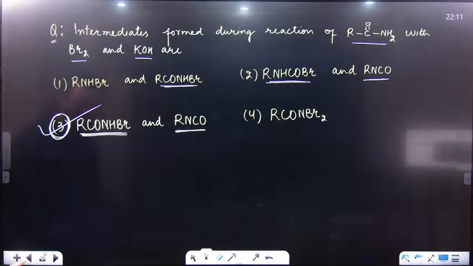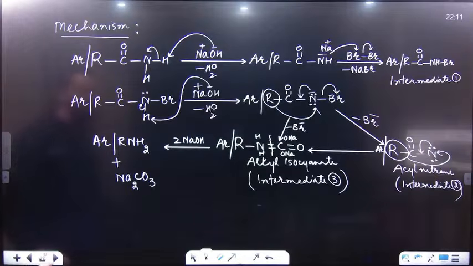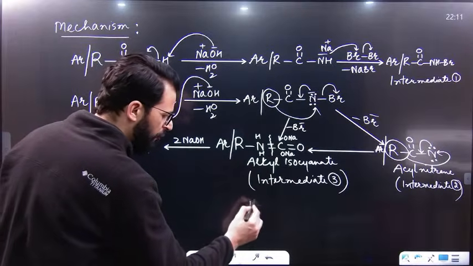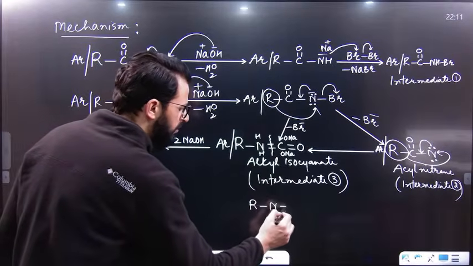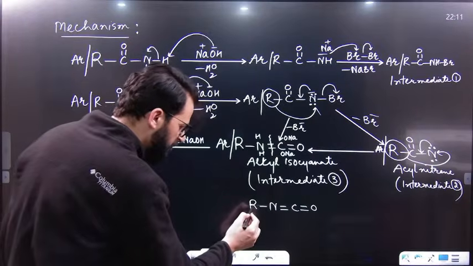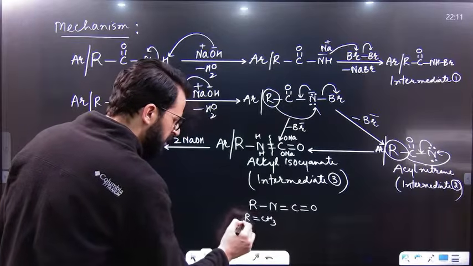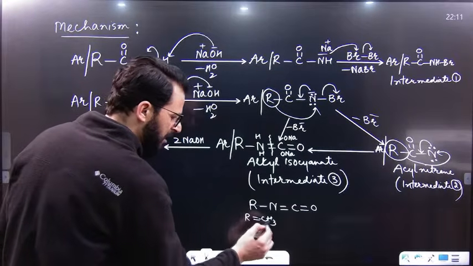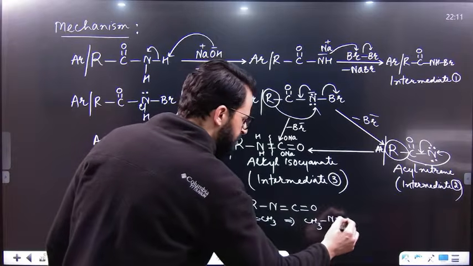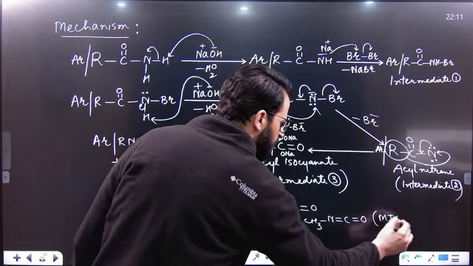But here I want to say something extra. This intermediate, if I put the value of R, R-N double bond C double bond O, is known as alkyl isocyanate. If R is CH3, then it becomes CH3-N double bond C double bond O. This is known as methyl isocyanate.